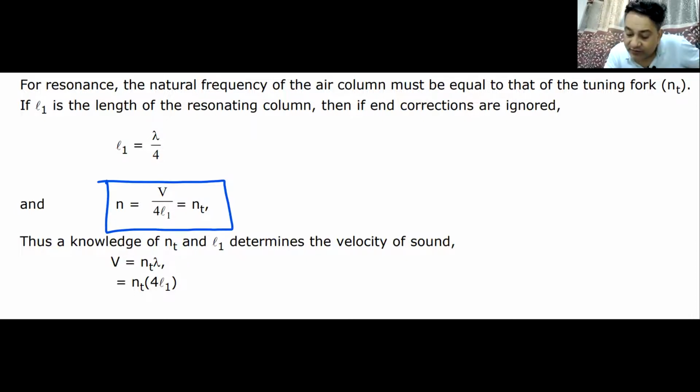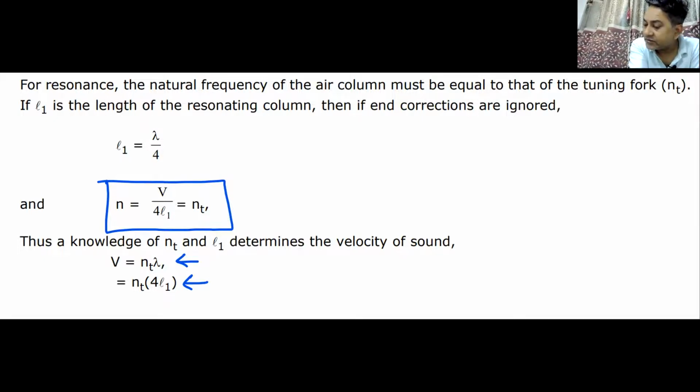The frequency of that first position will be given by this formula, and you will not be able to determine the value of n, but you will find the next possible resonance and then you will subtract them. So the final formula will come. Remember, you might have to adjust for end correction as well.